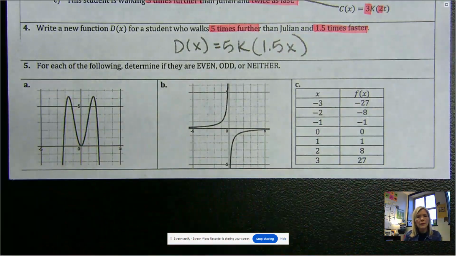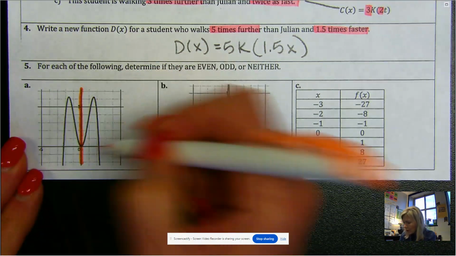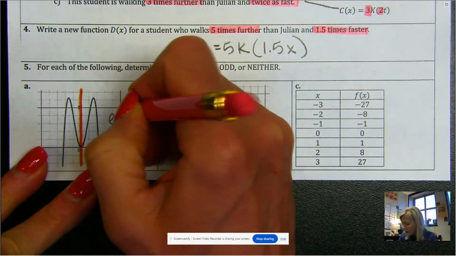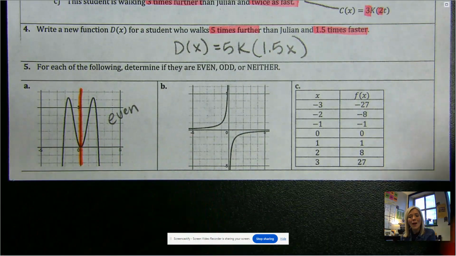All right. Next is even, odd, or neither. So remember, even functions, you can see them on a graph. They reflect over the y-axis. So this one is even. On the next one, this is kind of that one exception.